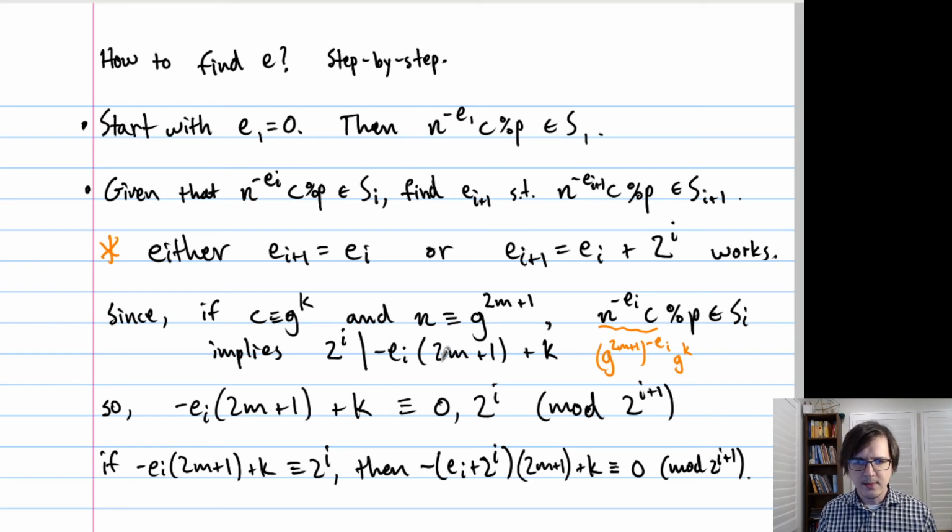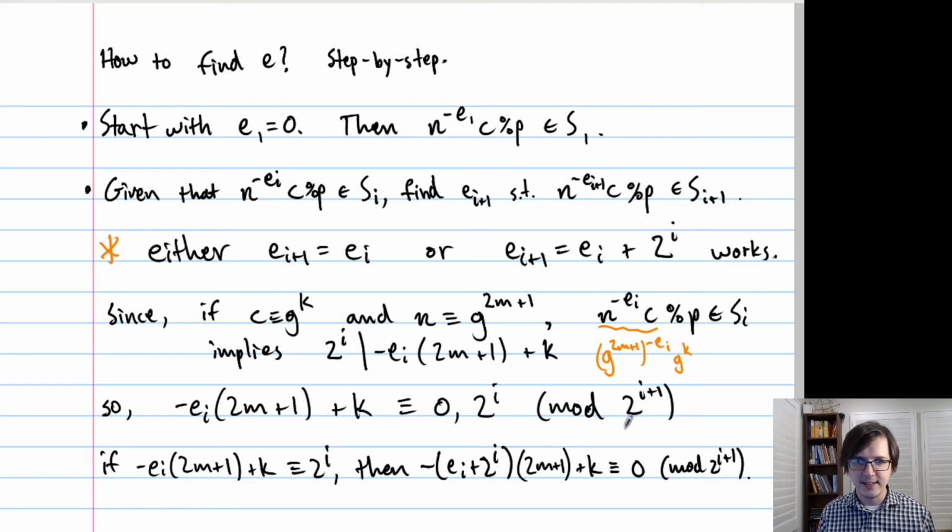So if we increase I by 1, then there are two things that can happen. Either this thing is congruent to 0, or it's congruent to 2 to the I, mod 2 to the I plus 1. And this is just because, if you have a number that's 0 mod 2 to the I, what are the possibilities mod 2 to the I plus 1?